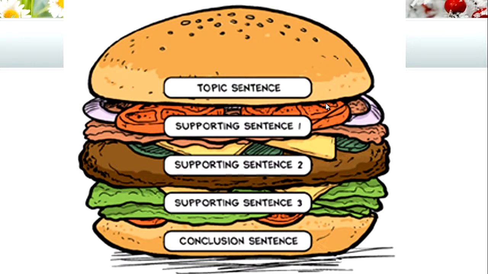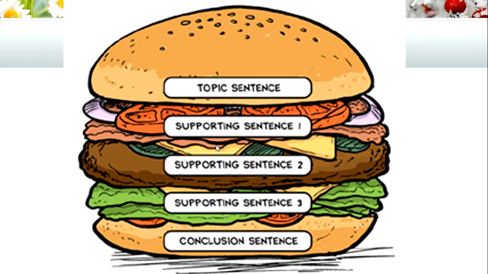But the idea is the same. And then supporting sentences here, we have, for example, supporting sentence 1, 2, 3, 4, and so on and so forth. Those are the meat, and then the cheese, and then the vegetables, the tomato. Those are the supports, the details of the paragraph.